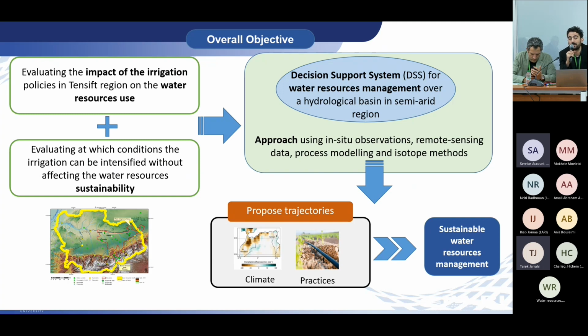That stands for Assessment of Sustainable Irrigation in water scarce regions using remote sensing and hydrological modeling, which aims to develop a decision support system that incorporates models, methods, climate projections, and agricultural practices, and is going to be useful for the end users, such as agriculturalists and national authorities, in order to have a better sustainable water resource management.